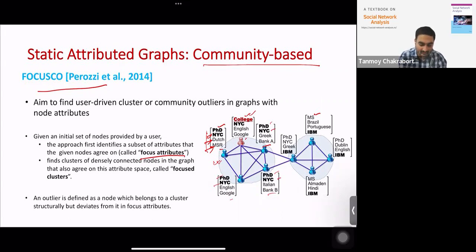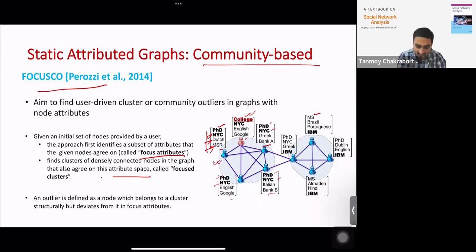Then we find clusters of densely connected nodes in the graph that also agree on this particular attribute. You do not know the community structure, you only know the graph. You identify the attributes, then you try to detect communities with respect to those attributes.